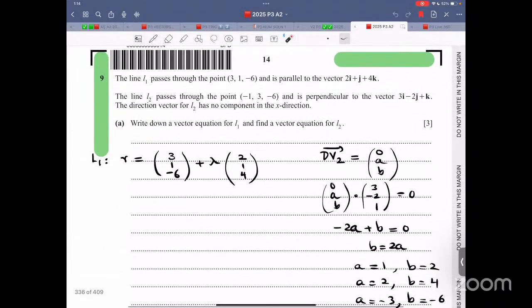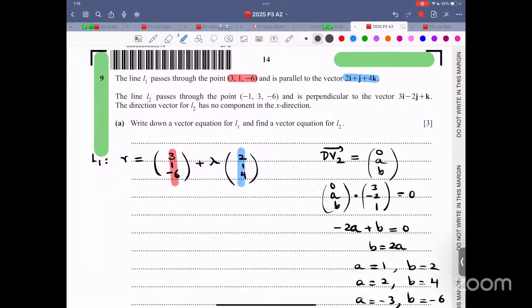Important question. The line L1 passes through the point 3, 1, -6, and it's parallel to this vector. Write down a vector equation for L1. This is the fixed point. Let me highlight it. 3, 1, -6. That's a fixed point. Parallel to the vector, that is 2, 1, 4. That goes over here.